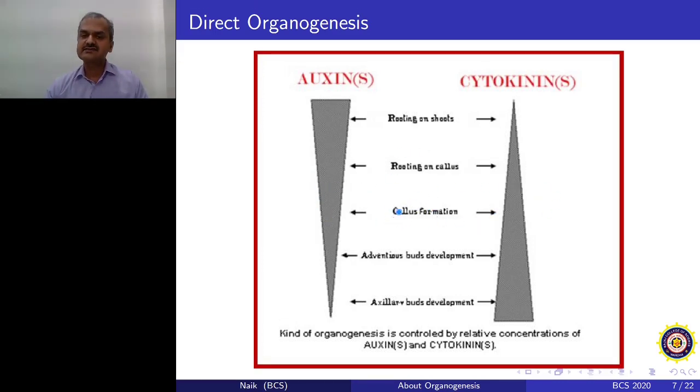Again, this callus depends upon the auxin and cytokinin concentration. If the cytokinin concentration is relatively high, then it will form shoots. If the auxin concentration is relatively high, the callus will give rise to in vitro root formation.